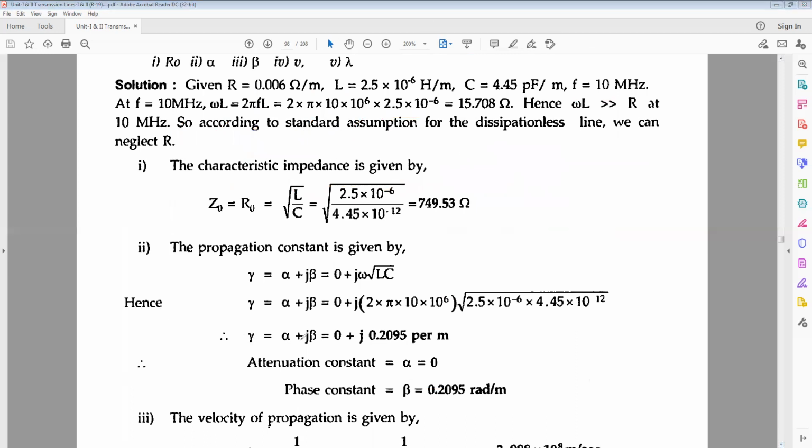We get gamma equal to 0 plus j times the beta value 0.2095. The attenuation constant alpha is equal to 0, and the phase constant is 0.2095 radian per meter. And alpha's unit is Napier per meter. Right, it is Napier, not Newtons.